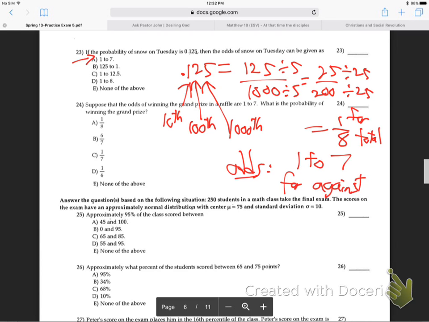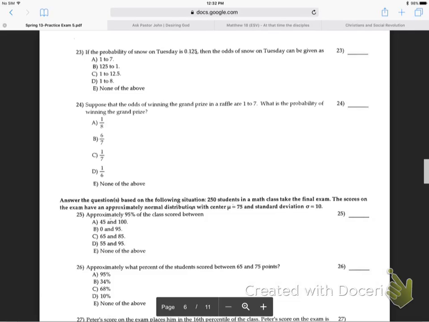Go on to number 24. Okay if I flash ahead? Number 24. Suppose that the odds of winning, notice they're starting with odds, are 1 to 7. Change that back to probability. That's odds, so that already is for and against. They're at odds, they're in a debate, in two separate groups.